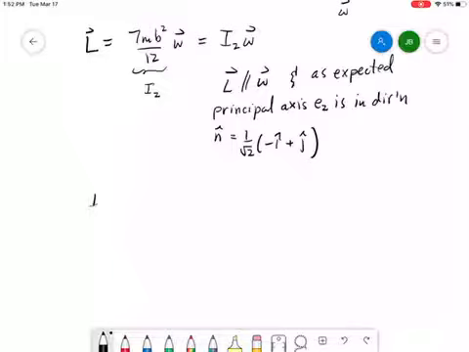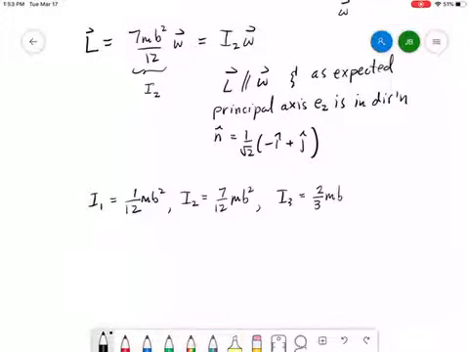I1 was, if we remember, 1 over 12 mb squared, and that was the diagonal. I2, we just calculated, it's 7 over 12 mb squared. And then I3, which is the z-axis, was 2/3 mb squared.